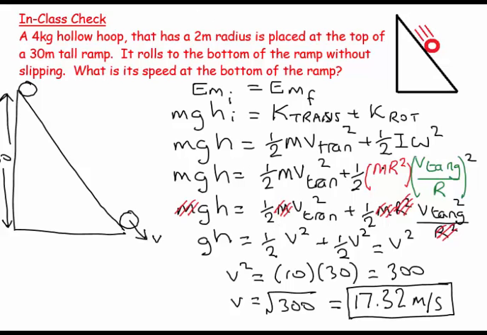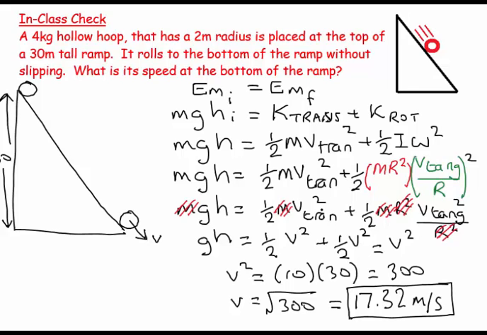We were able to bring in conversion factors for the moment of inertia for a hollow hoop and the angular velocity in terms of the tangential velocity and the radius. We were able to see that numerous things cancelled, in particular the mass cancelled, which was not obvious. And the rest was just basically doing our sums.